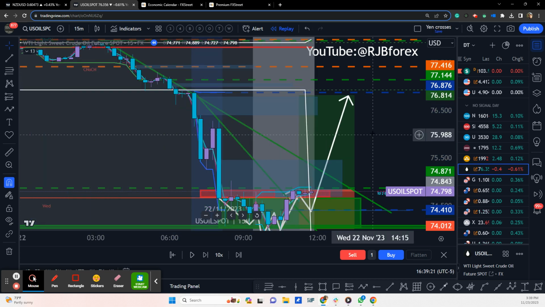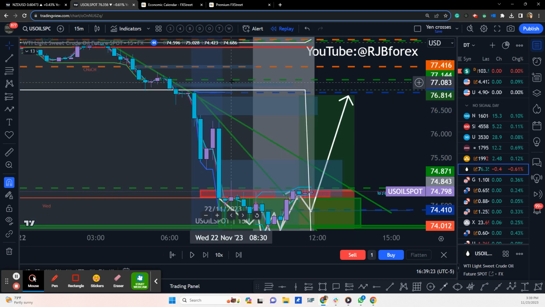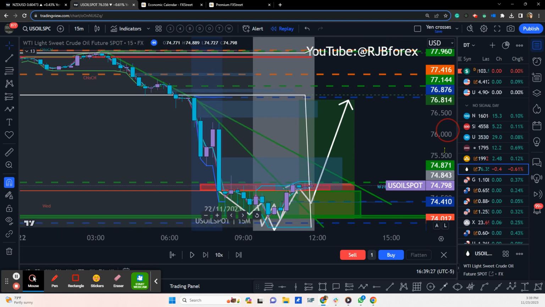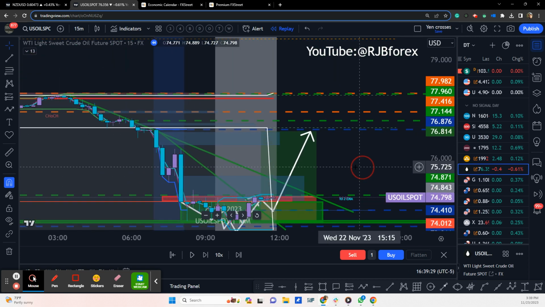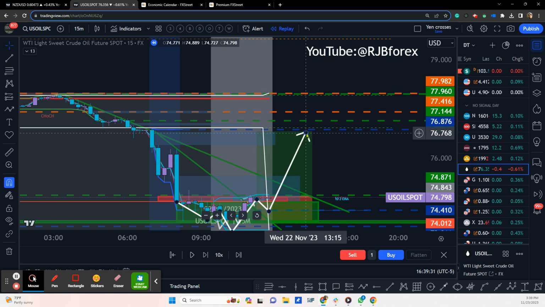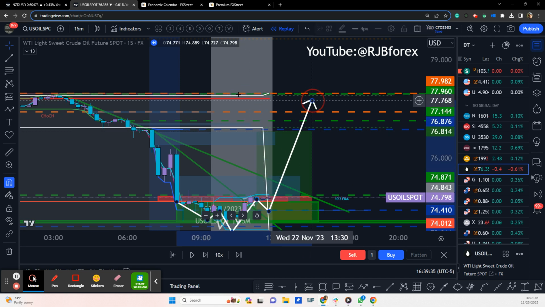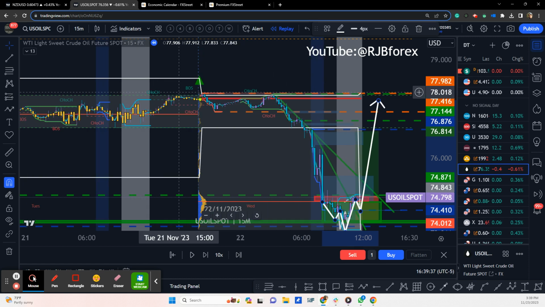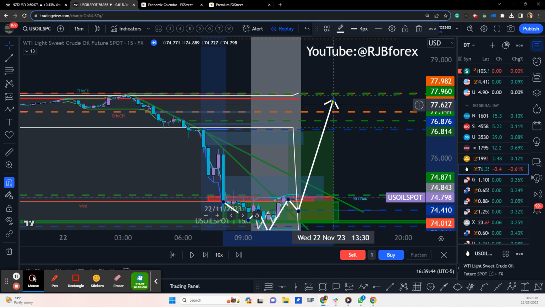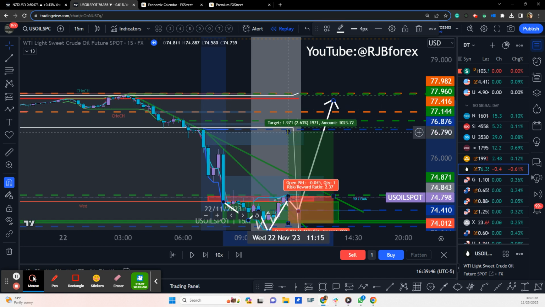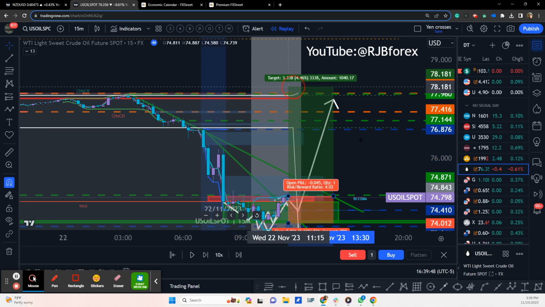And I'm targeting the high of the New York Open. That's my first target area. I could target all the way back up to the closing price, and that cluster of yesterday's high, the closing price, and Asia's high. In fact, why not? Let's target all the way up there.